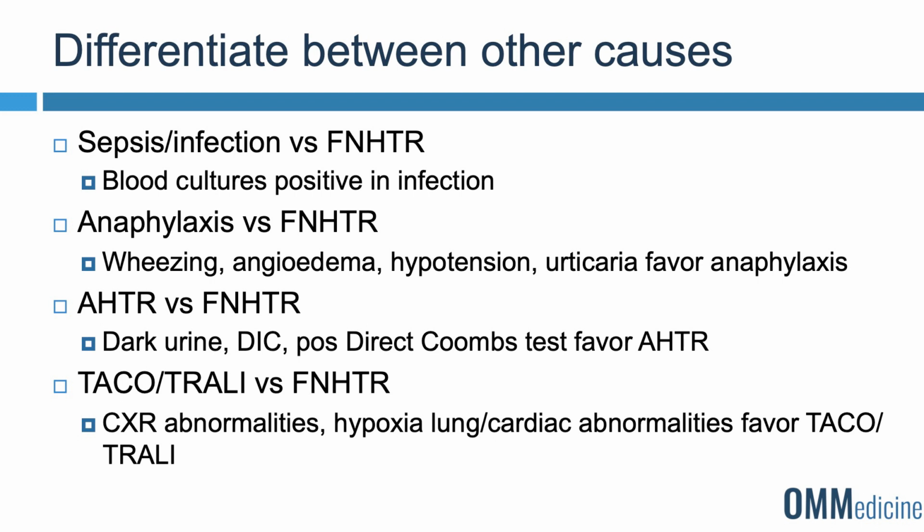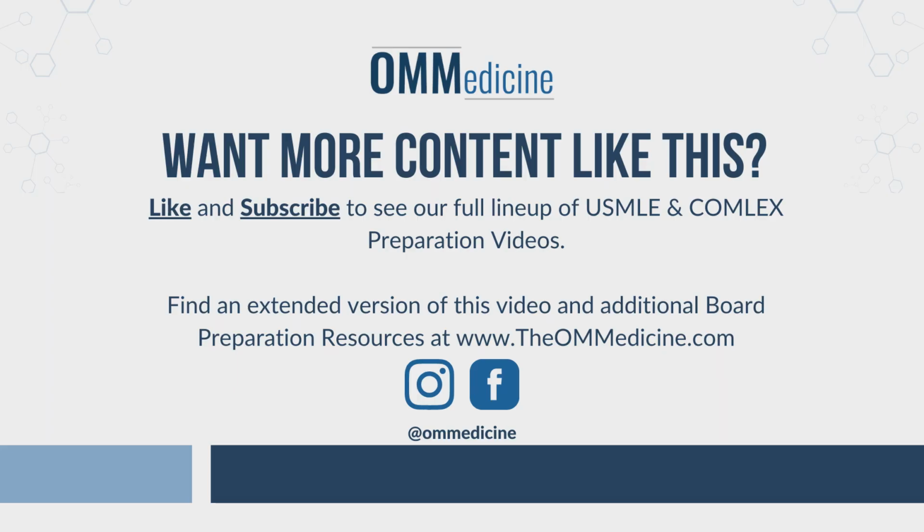And finally, you can differentiate TACO and TRALI from this type of transfusion reaction because you would expect to see cardiac and lung symptoms as well as abnormalities or changes on imaging such as a chest x-ray, both of which would be atypical for a patient with febrile non-hemolytic transfusion reactions. And that brings us to the end of this module on febrile non-hemolytic transfusion reactions.